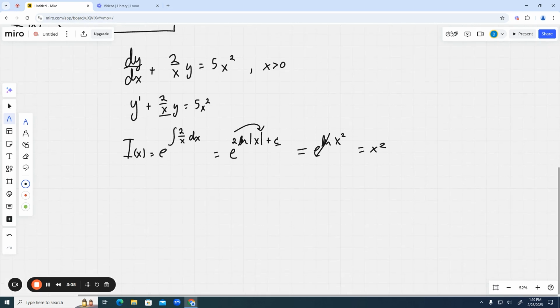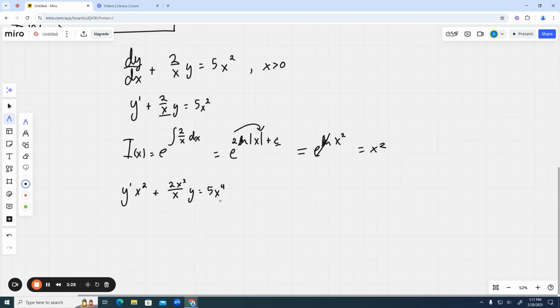Now I'm going to multiply my entire equation by the integrating factor. So y prime x squared plus 2x squared over x, y is equal to 5x to the 4th.